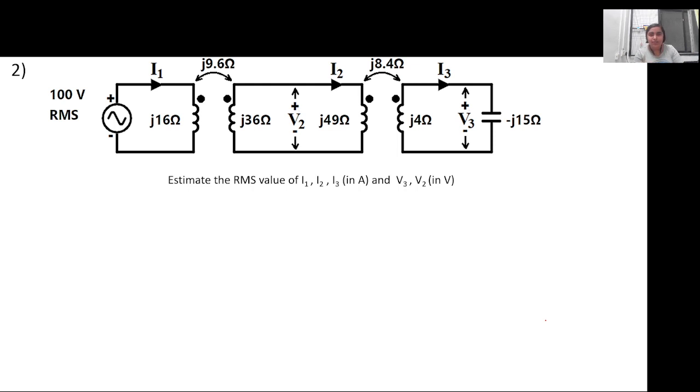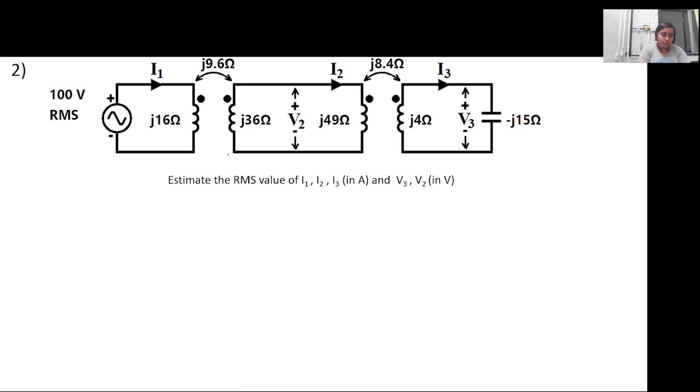In this case, there is also a tertiary winding, and there are currents flowing in three different loops, I1, I2, and I3. So you have to calculate all the values of I1, I2, and I3, and finally calculate V1, V2 and V3. It is just the same problem as before. The only thing is there will be three loop equations because there are three different loops.